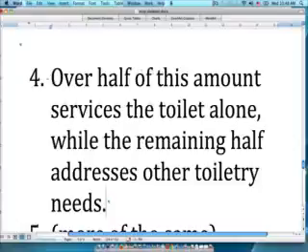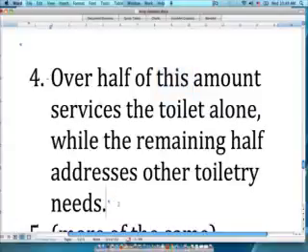Now, one thing I'll just point out is words like this are very important because these are words that create cohesion in your writing. As you can see, sentence number 4 refers to the sentence that we wrote in number 3. Over half of this amount. What amount are we talking about? We're talking about the 49% that we initially spoke of in sentence number 3. So over half of this amount services the toilet alone, while the remaining half addresses the other toiletry needs.